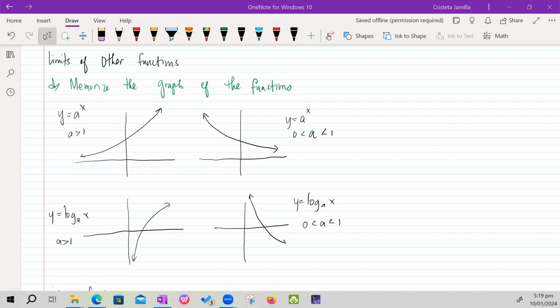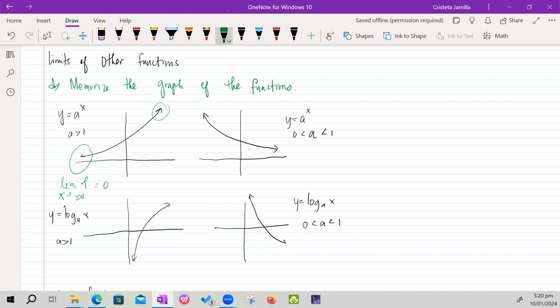So I'll give you an example. For example, the exponential function: we have two graphs that you need to remember. For the exponential function, the case when a is greater than 1, we have the following graph. And as you can see, as x goes to negative infinity, the graph goes to 0, and therefore we can remember that the limit of our function f as x goes to negative infinity is 0.